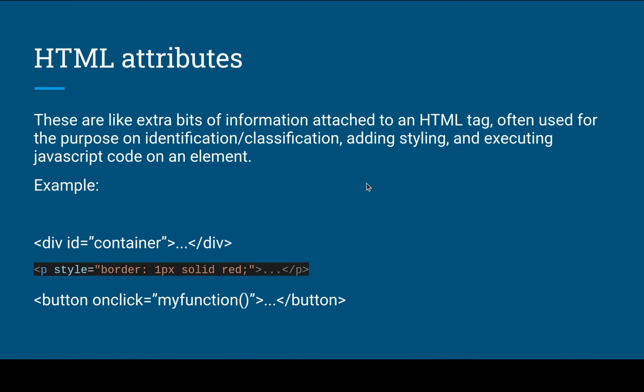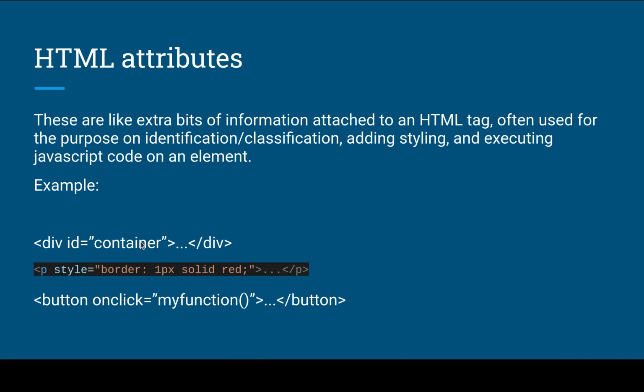So looking at the examples, this div tag here has an ID of container. So the ID here is an attribute, and when you see an ID in an HTML file, right? So the ID attribute basically is meant to be unique. By unique I mean that only this div, for example, within that file should have this ID of container, right?